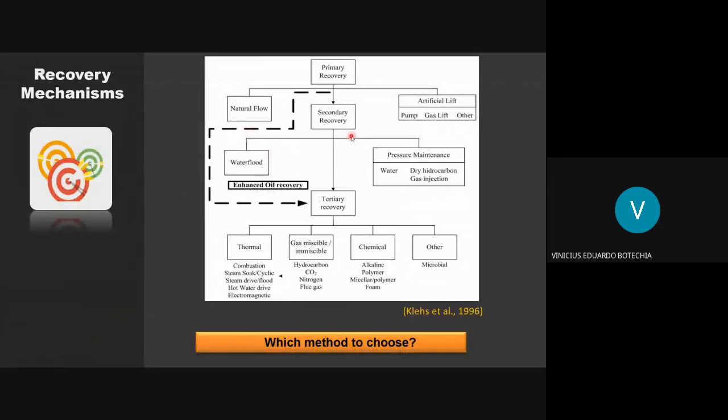As I said, the selection of the recovery mechanism is a complex task, and since the beginning it's important to make some decisions. One of them, just to exemplify, is the recovery method, right? It's a big decision that is important to take into account, depending on the case, of course. There are works in our group that showed that if you choose the right recovery method since the beginning, you have the highest performance of the field, the highest recovery or highest economic performance.